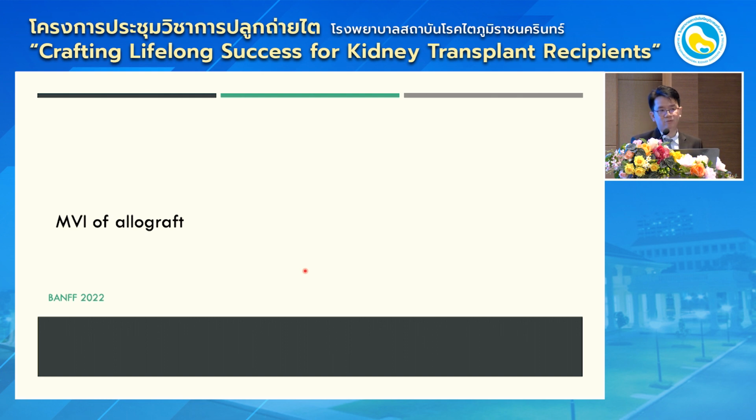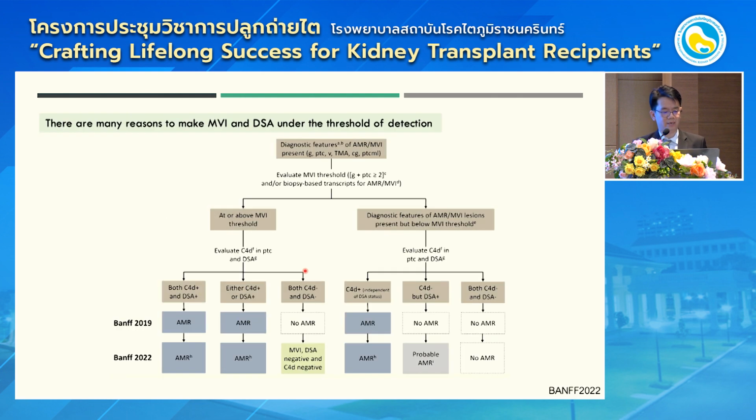So in BAM 2022, they have the new diagnosis, categorizing the patient who has microvascular inflammation but negative DSA and C4d. In 2019, we categorized this patient as no ABMR.